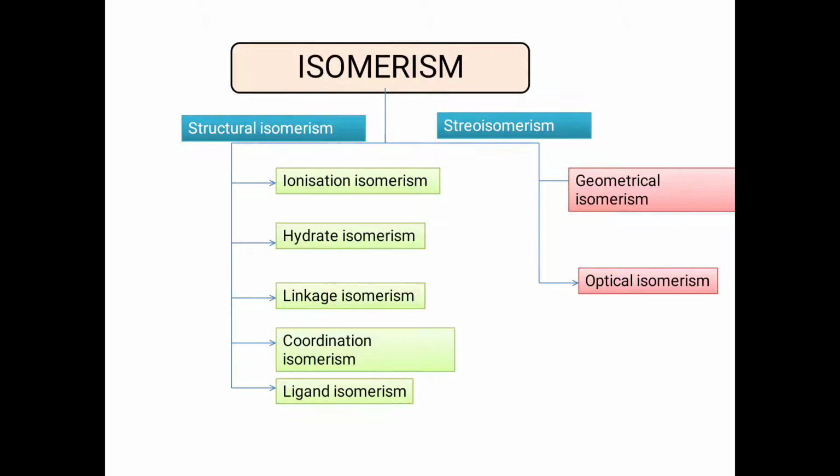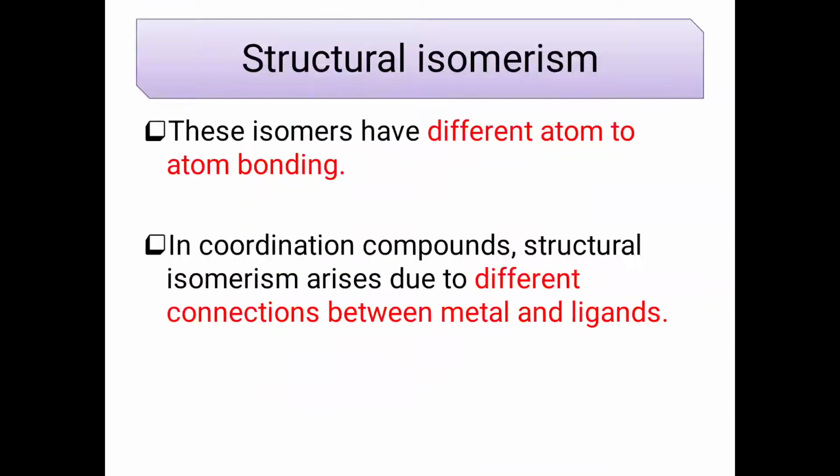So let us learn about structural isomerism in today's video. What is structural isomerism? These isomers have different atom-to-atom bonding. In coordination compounds, structural isomerism arises due to different connections between metal and ligand.